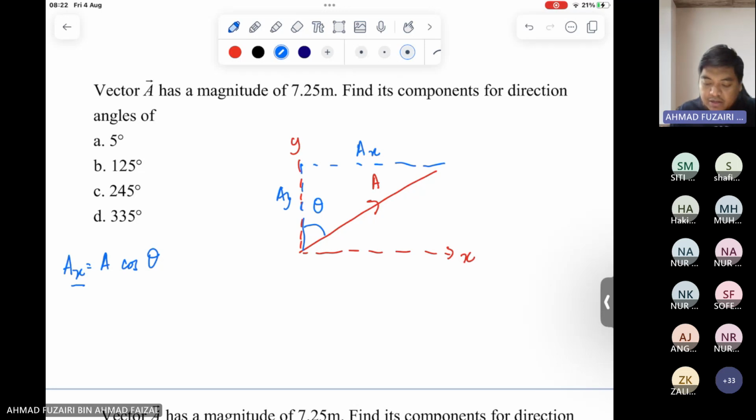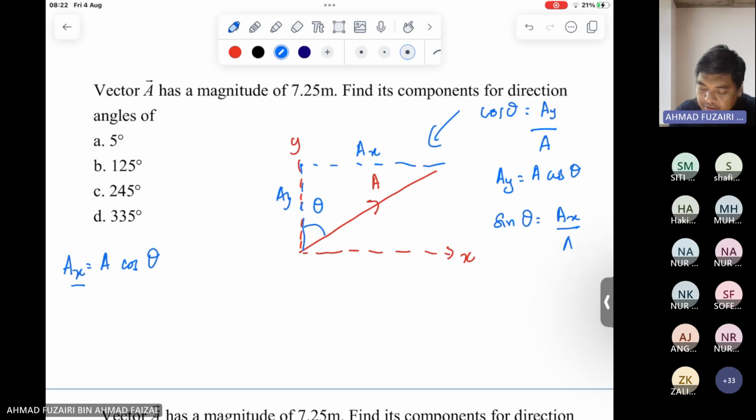Apa dia cos theta untuk kes ini? Untuk kes ini cos theta dia ialah AY over A. So AY ialah A cos theta. Sin pula? Sin theta will be AX over A. So AX is equivalent to A sin theta.